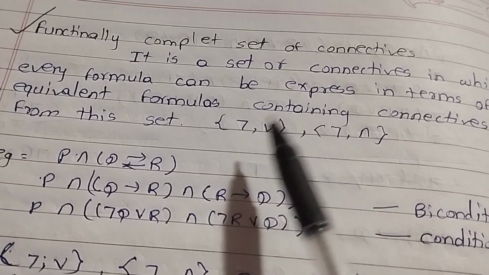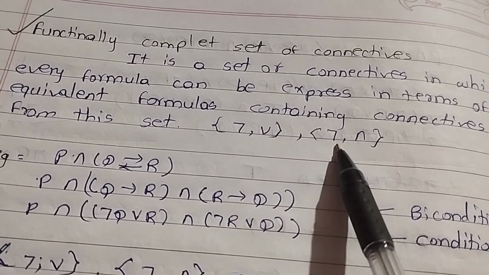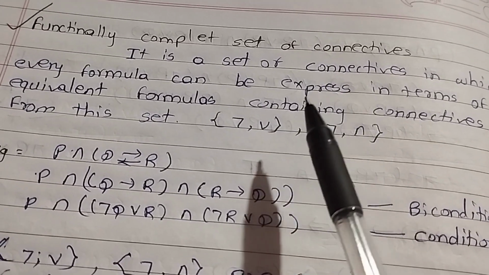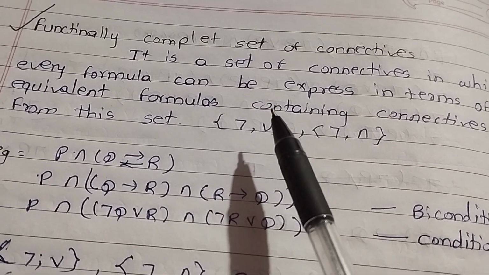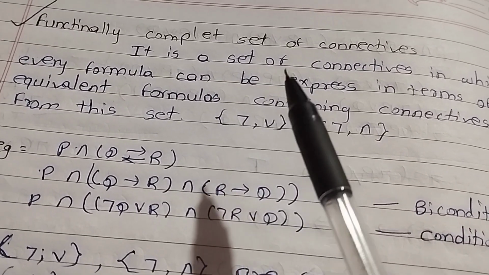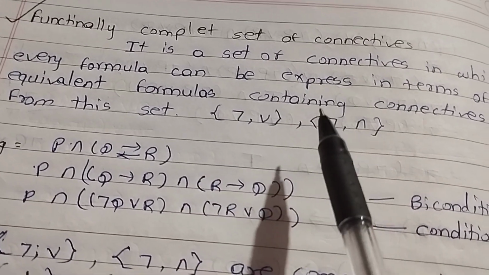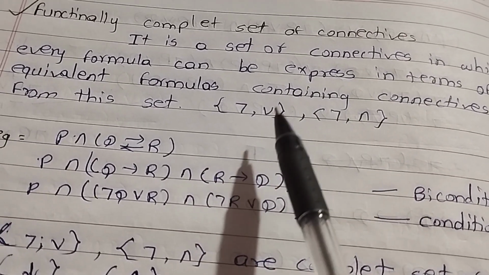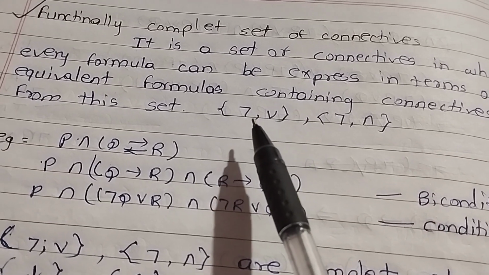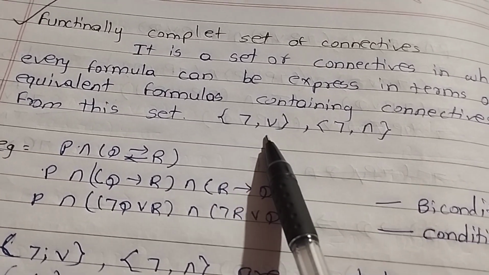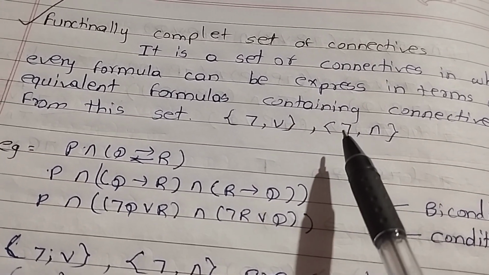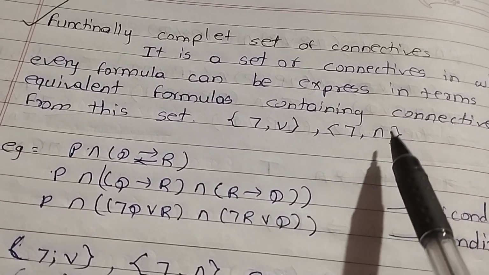If these two sets are present in the equation, then it is called a functionally complete set of connectives. Only those connectives are present: one set is negation and OR, the second set is negation and AND.